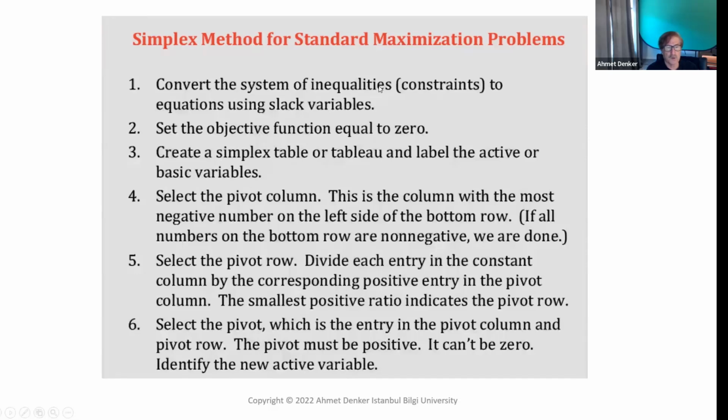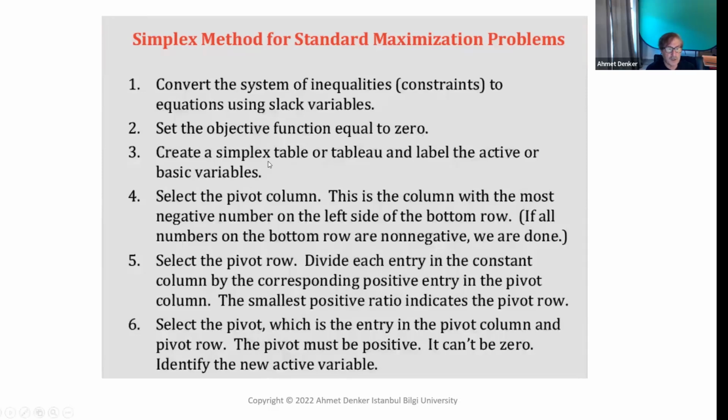If I've got 2 constraints in 2 unknowns, I put 2 slack variables. And also we put another slack variable to make the objective function equal to 0 here. So that means normally we may need 3 slack variables or more.